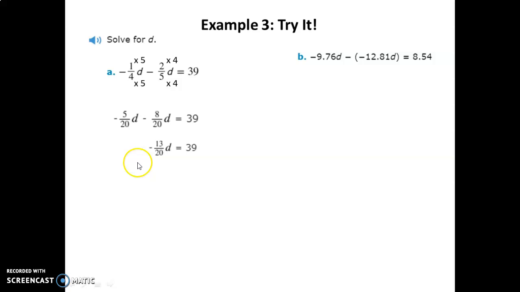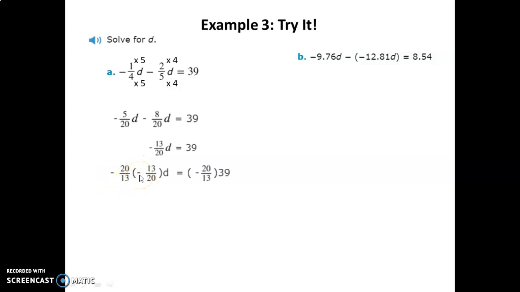The next thing you have to remember is how to get rid of a fraction that's multiplied by a variable. This is similar to your inequality test that you just took. To remove a fraction that's multiplied by a variable, you multiply by the reciprocal. To cancel out the negative, you need to multiply by another negative, because two negatives equal a positive.